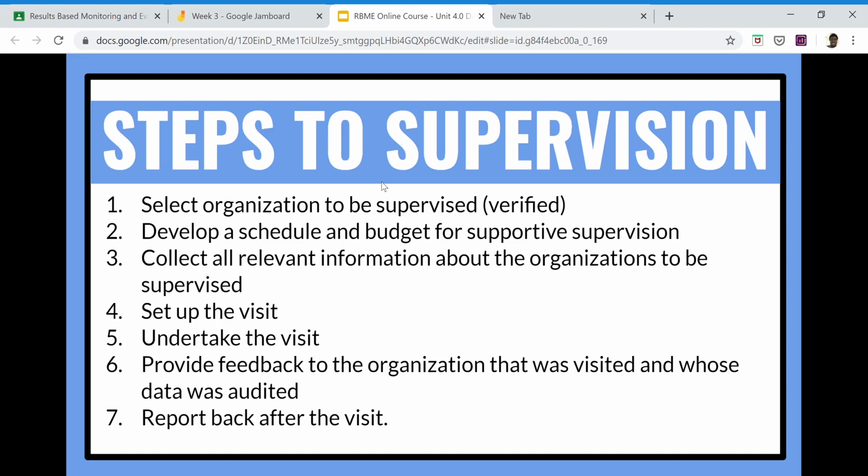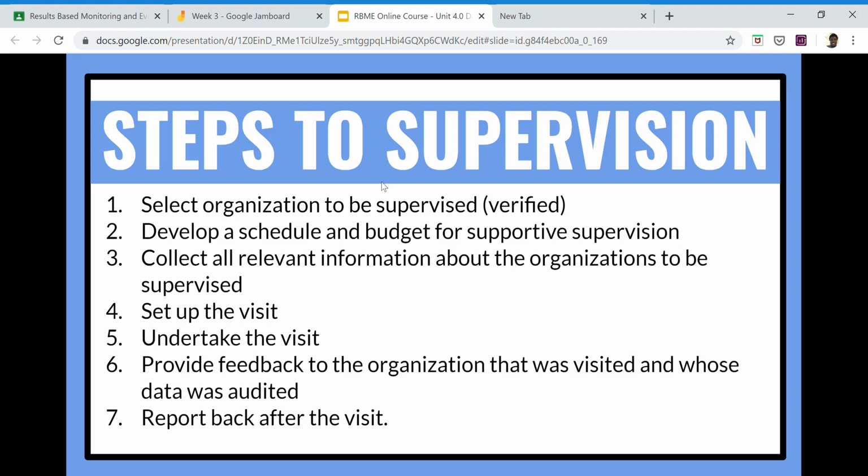There are 7 of them, in the form of steps, so you can think about having them as steps within your organization if you want to conduct supportive supervision, especially if this is part of your M&E system. And don't forget that we already said this is something that should be part of the M&E system.